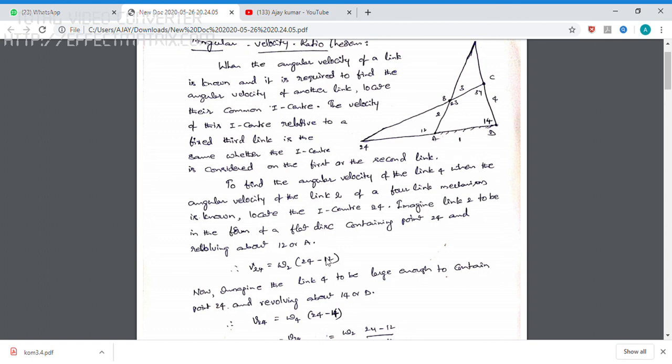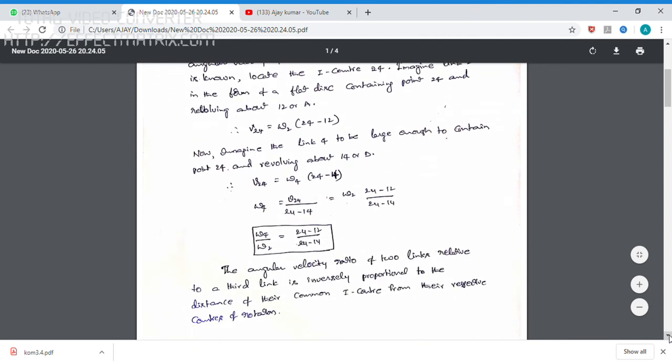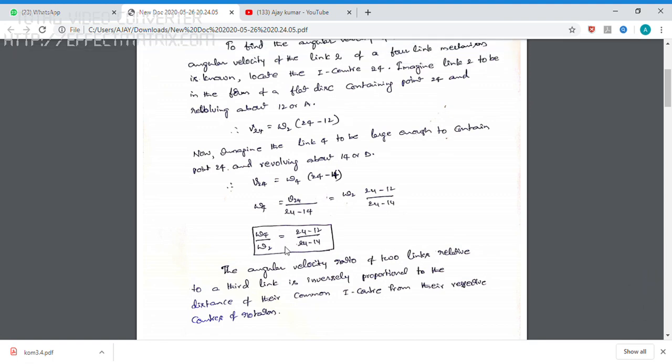If you equate these two equations, we will get omega 4 by omega 2 is equal to the distance between 24 and 12 divided by the distance between 24 and 14. This is nothing but the angular velocity ratio theorem.